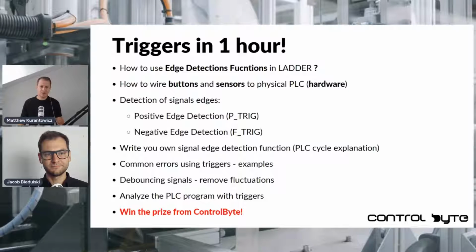It is one of the basic programs you need to know, because sometimes during an interview for a job, you need to write such a program. We will look at common errors using triggers. We have some examples, and we will see how to remove fluctuations from our signal.